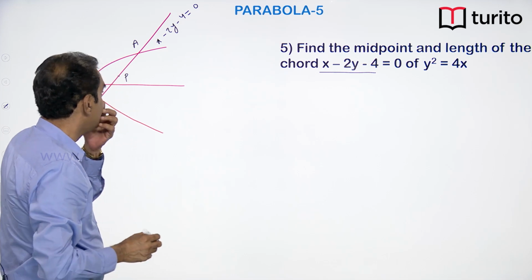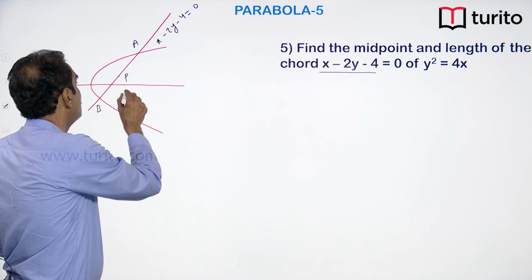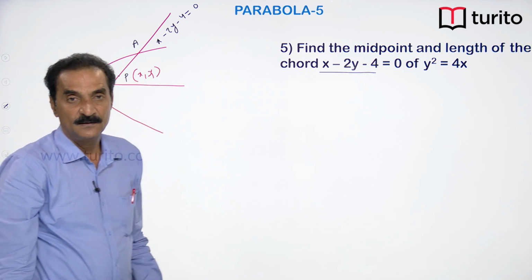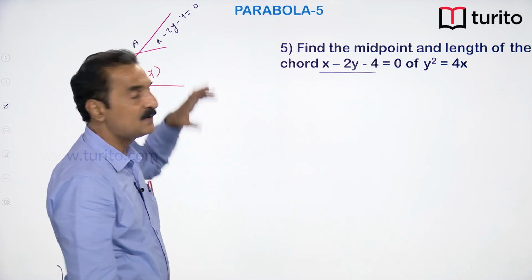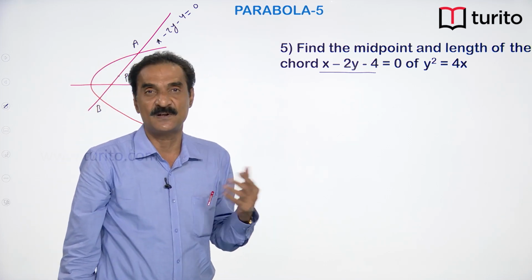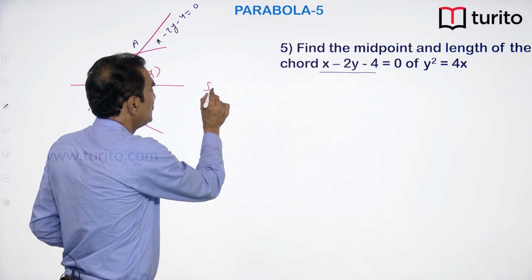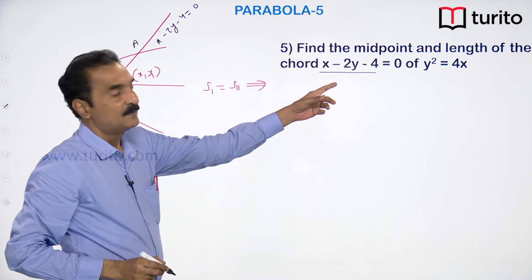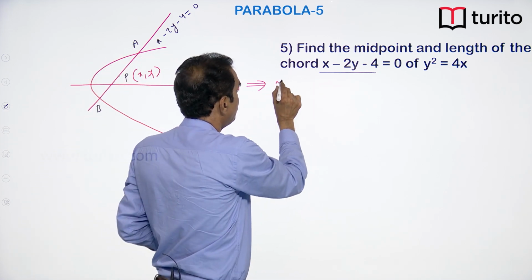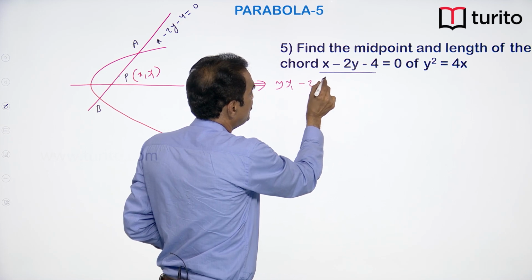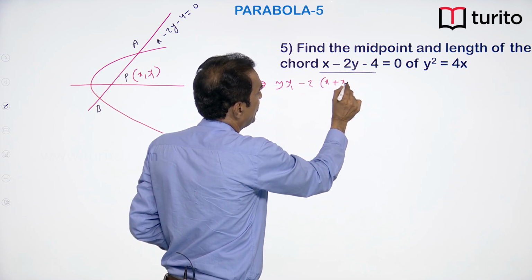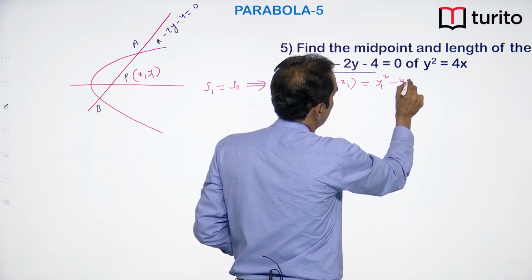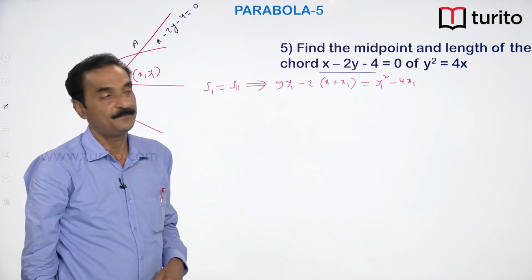Okay. First, finding the midpoint. Let us take P as x1, y1. Then what is the equation of the chord according to our formula? S1 is equal to S11. That is y1 minus 2 into x plus x1 is equal to y1 square minus 4x1, equation of the chord.